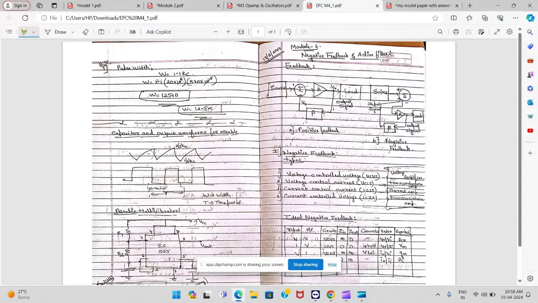Okay, the source, after that the feedback block, along with that it consists of an amplifier, input and output signal, along with the load. The first half of the block consists of positive feedback, and the second half of the block consists of negative feedback. Okay, you need to know this.